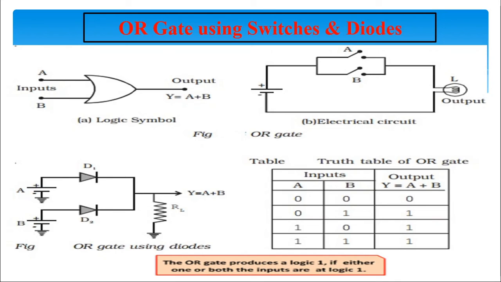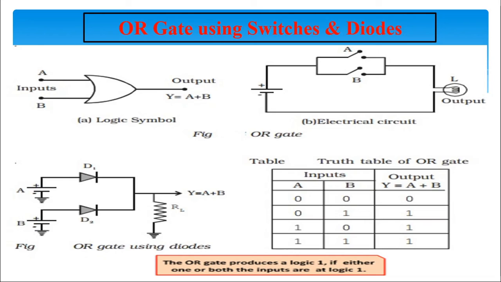Then case number 4 is A equal to 1 and B equal to 1. When A and B both are high, that is, both are connected to the positive terminal of the battery, then both diodes, D1 and D2, are conducting. That means D1 and D2 both are in forward bias condition. Both diodes are on and therefore the output is high.